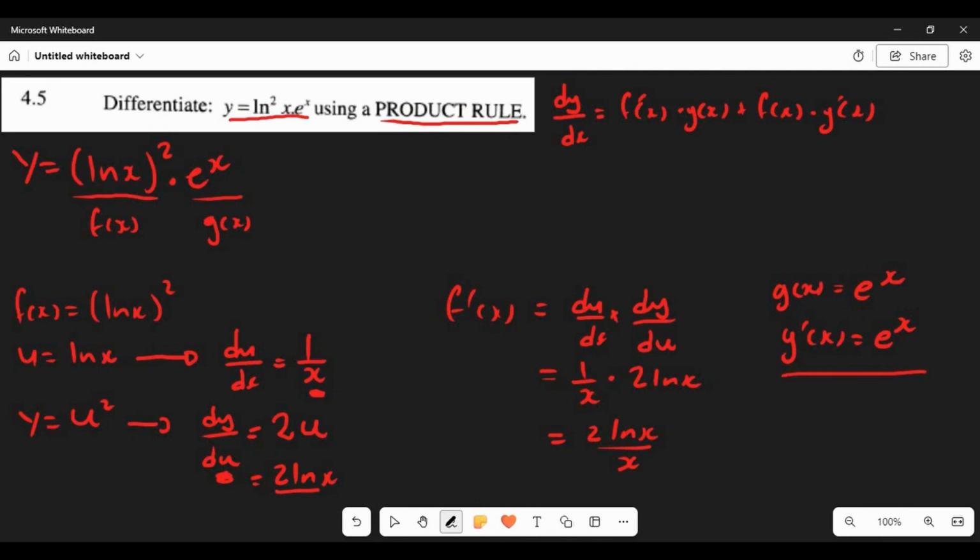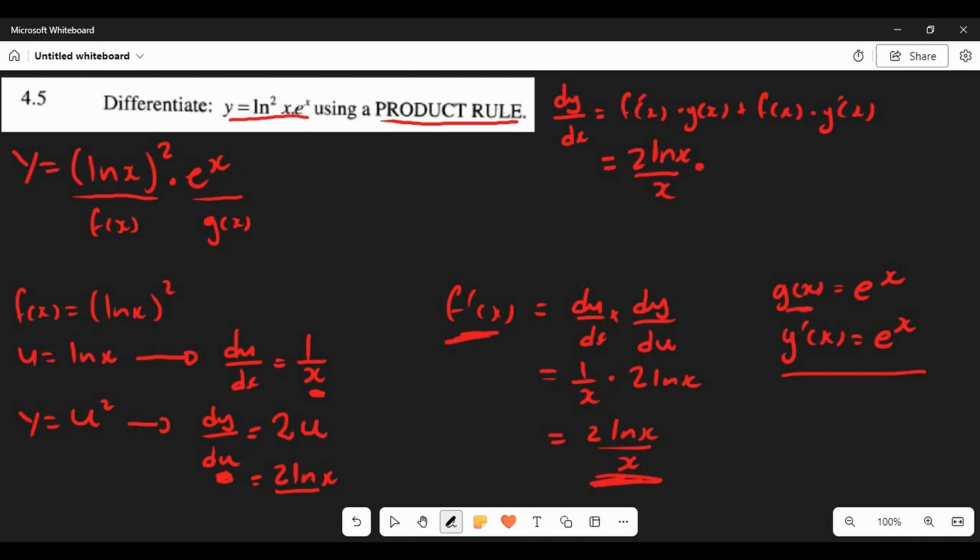Alright guys, it's time for us to apply this product rule. We have the first one here, f prime of x, which is going to be 2 natural log x divided by x. Remember, it is the derivative of f of x multiplied by g of x.